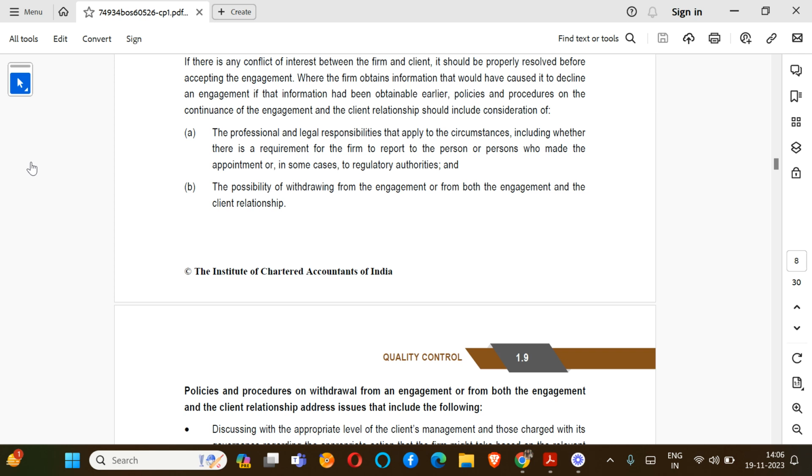Then you will follow the policies and procedures for continuance of engagement. That is the reason why CAs need to have, the firms need to have a proper set of policies and procedures जिससे कुछ भी अगर प्रॉब्लम हो तो उसका solution instantly निकल पाए. ठीक है? So connect this.